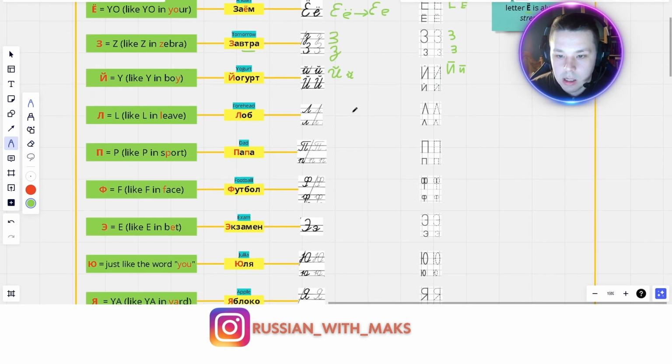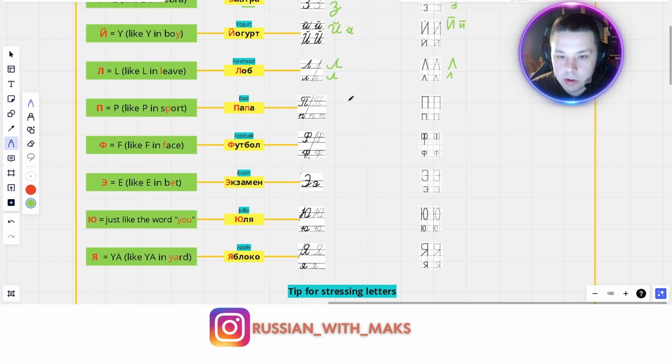Now letter L, lob, lob. Looks like almost letter A, except that it doesn't have the final thing in here. And the print. Now letter P, papa, P. The cursive.